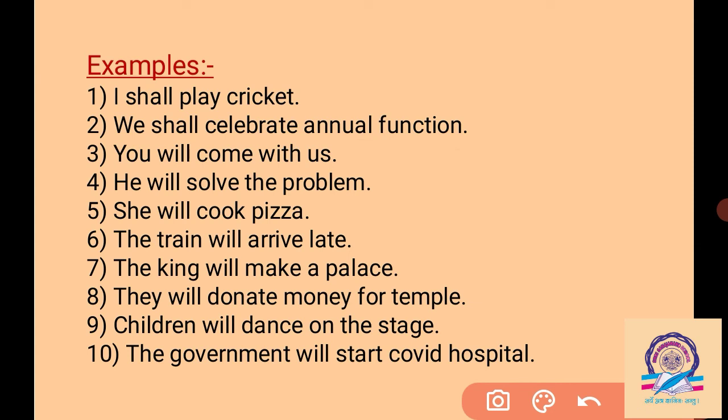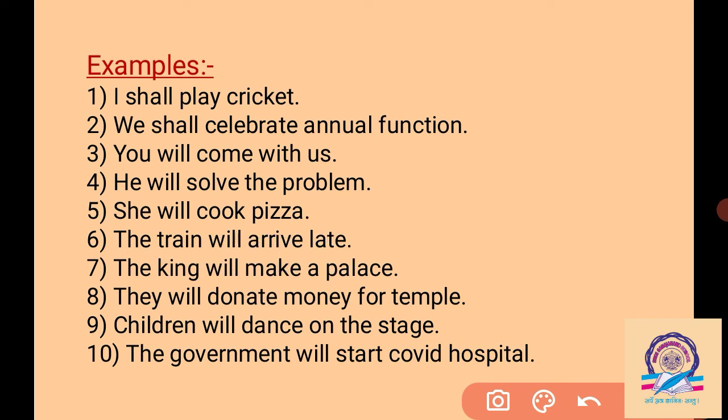Then with the subject you, we have to use will, so you will come with us here. Then with the subject he, we have to use will: he will solve the problem here. With she we also have to use will: she will cook pizza. Then the train will arrive late.